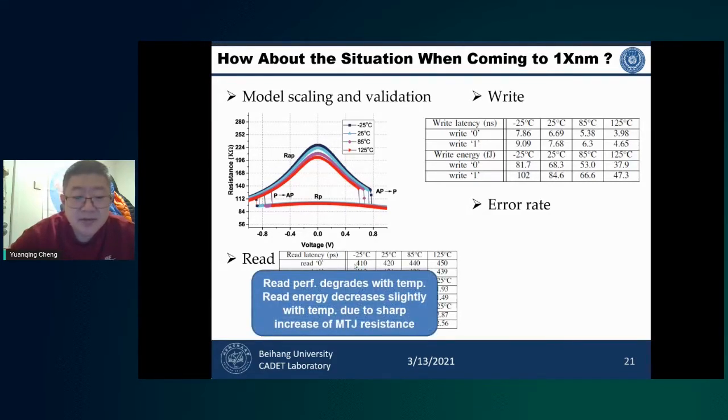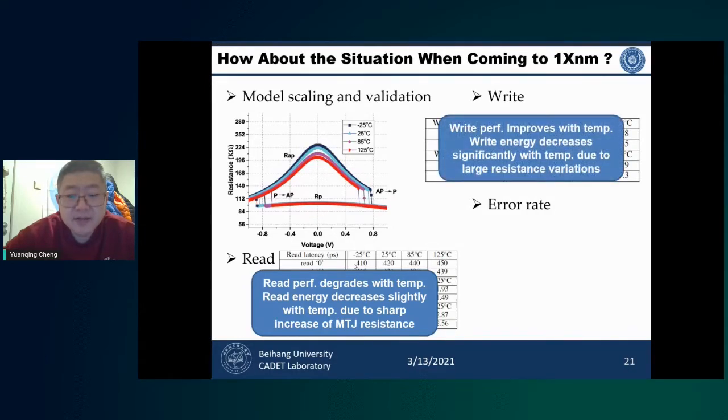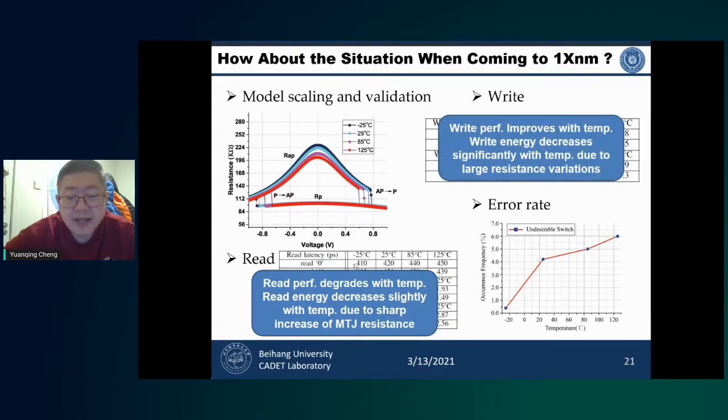But the read performance also decreases with the temperature, and the read energy decreases with the temperature as well. So the read disturbance is still a very big problem in the 1x nanometer region. As for the error rate, we can clearly observe that as the temperature increases, the error rate also increases in the 1x nanometer technology node.